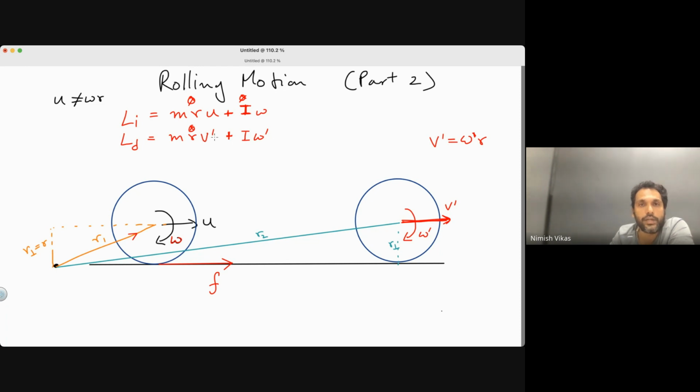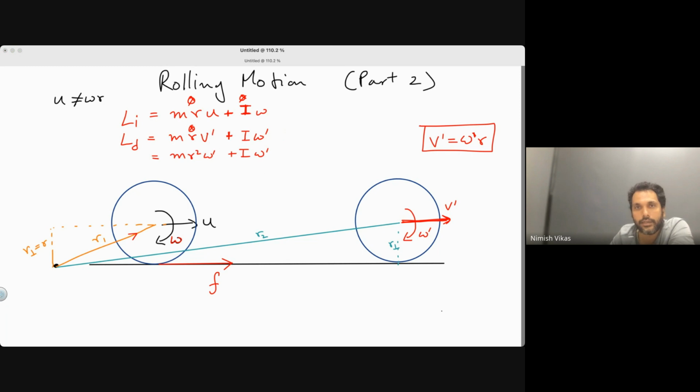The only thing is V dash, we can write it as R omega dash, because it is now pure rolling. So I'll correct it and write it as M R square omega dash plus I omega. If we equate the two, what are we going to get?